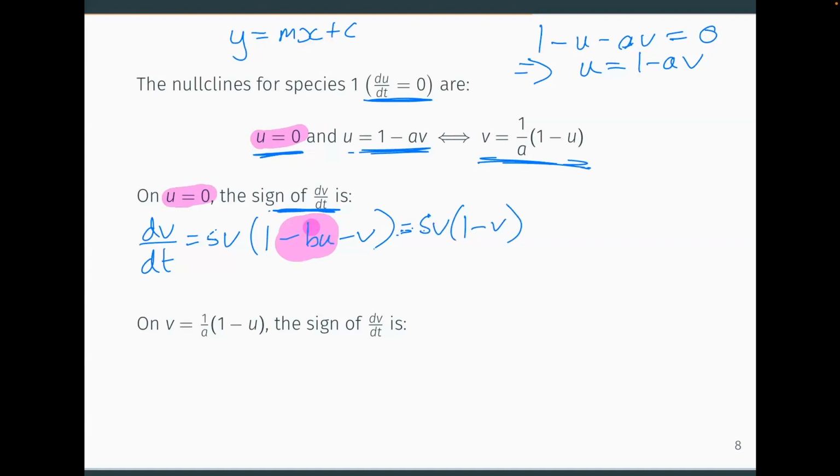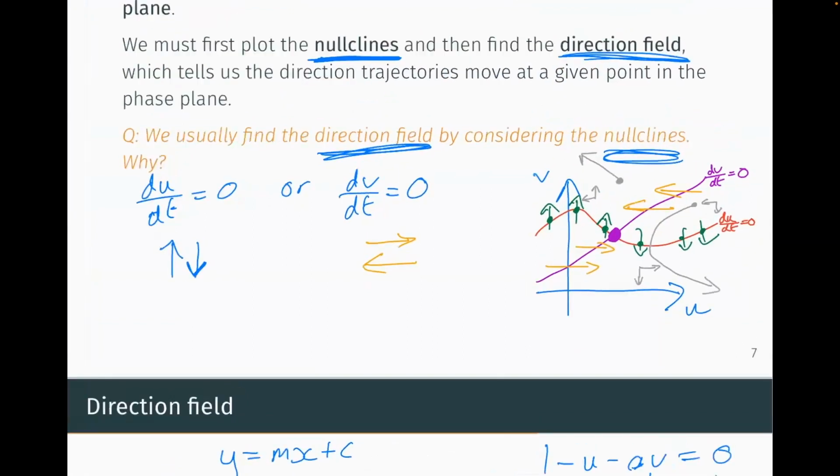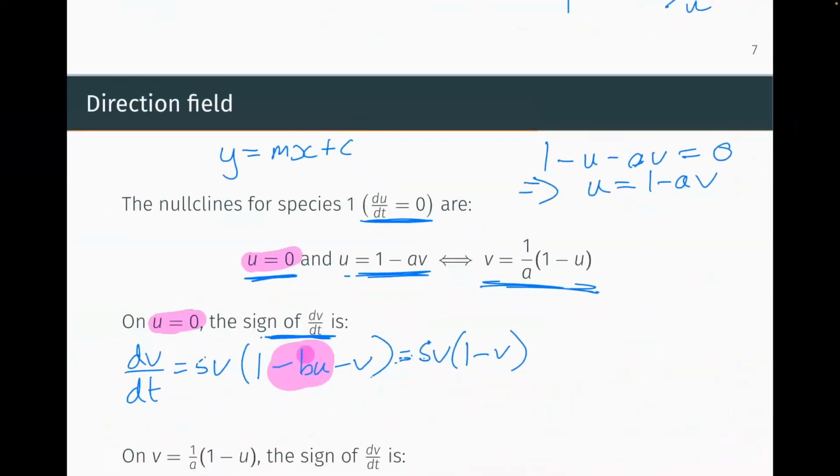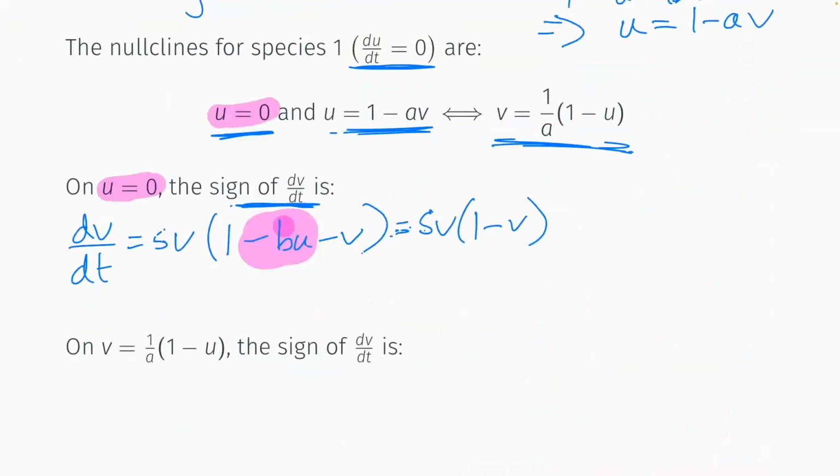Okay, so I know that I'm stood on this nullcline. Imagine you're on this red curve. Any point along that curve corresponds to where du dt is equal to 0. In this case, my nullcline is u is equal to 0. We substitute that into my equation for dv dt, and then we want to know the sign. We're restricting ourselves to non-negative values because we're talking about population sizes.